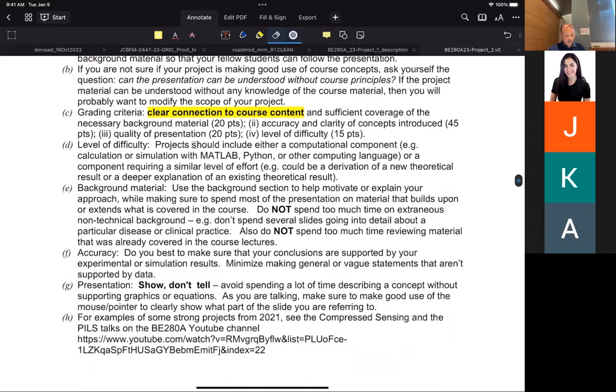Definitely recommend that you strive for some level of difficulty because it is worth more now, 15 points. So either a computational component or something of similar level of effort, like deriving a new theoretical result. Or if you're presenting an existing theoretical result, we're not looking for simply the equations that we could already read in the book, right? We want you to either give us new insight into it or present it in a way that makes it crystal clear.